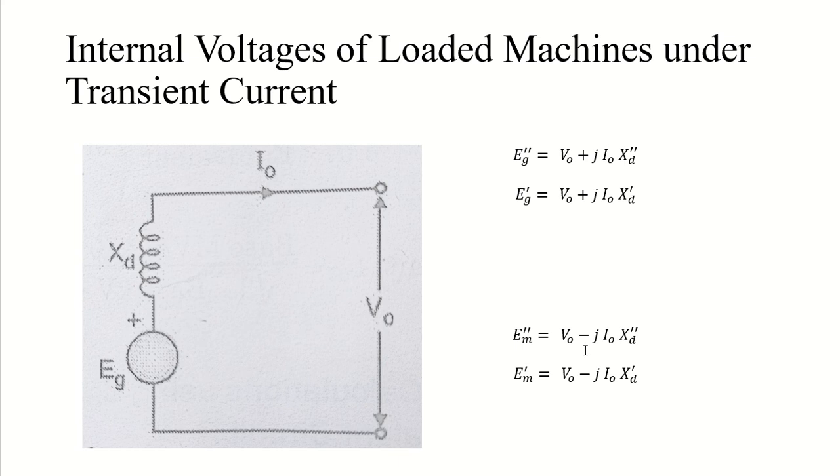Again, XD double dash is your sub-transient reactance, and XD dash is transient reactance. So the value of transient EMF in the case of motor, EM dash, will be V0 minus J I0 XD dash, right? So nothing new here, we just inverted the sign.